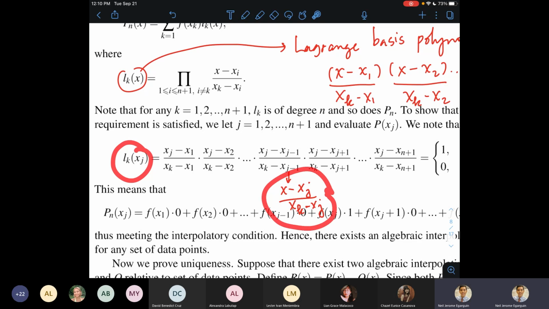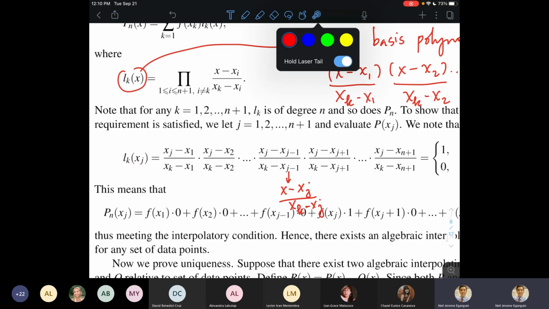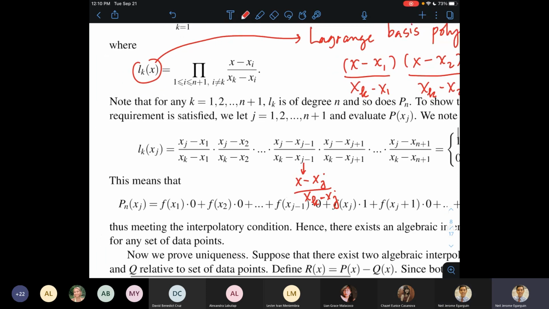Okay? Kasi nga j not equal to k, so dapat isa sa mga factors na to ay x minus xj over xk minus xj. But what will happen if I plug in xj into it? So kung magpa-plug in ako ng xj, x will become xj. I will have xj minus xj over xk minus xj. So meaning this will become 0 when x is equal to xj.